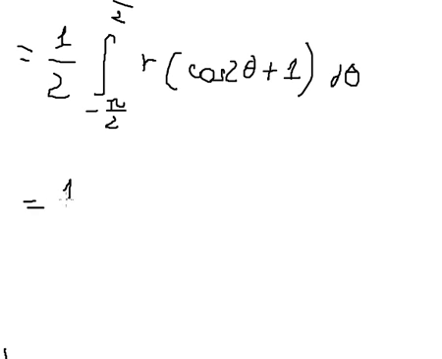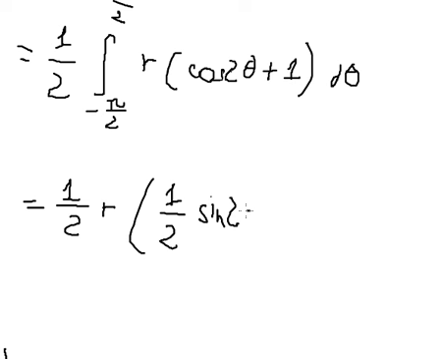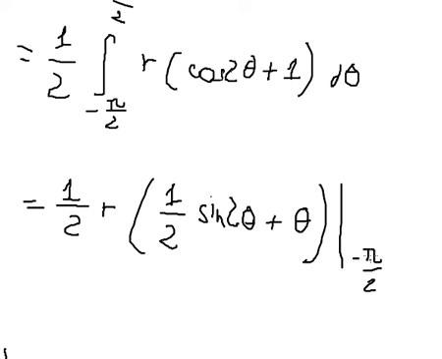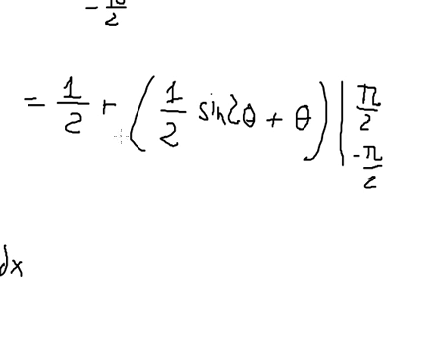So the integration of cosine 2 theta gives 1/2 sine 2 theta, and the integration of 1 is theta, with the limits from negative pi/2 to positive pi/2. So I will put pi/2 here and negative pi/2 here.